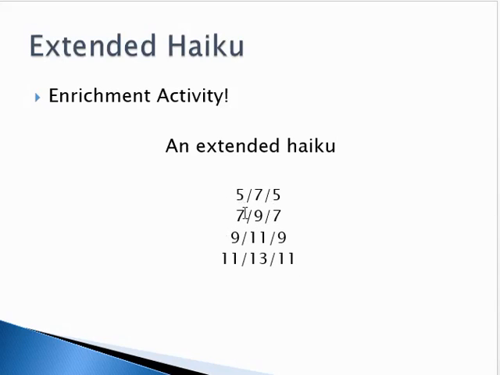Seventh line, 9. Eighth line has 11 syllables. The ninth line has 9 syllables. The 10th line has 11 syllables. The 11th line has 13 syllables. And the 12th line has 11 syllables. So you're really playing with syllables. If you love math, this is for you.